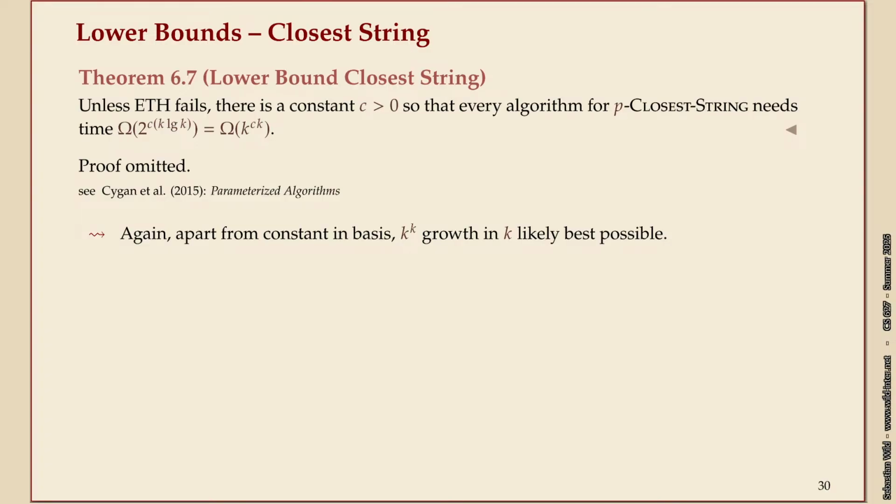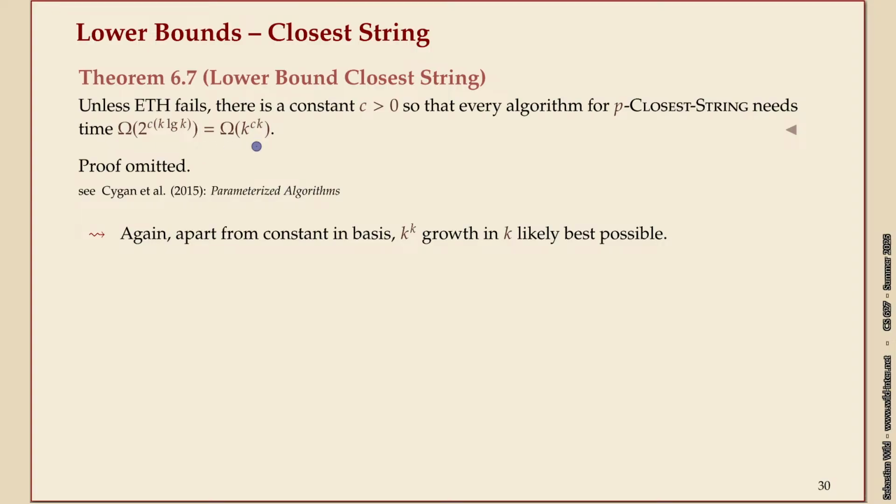You can show similar results for other problems. And here I'm sparing you the proof, but because we discussed this problem in some detail, maybe you're curious just to know the result. For closest string, we had the essential growth of our algorithm was k to the k. This was the kind of depth bounded search algorithm that naturally pops out of the problem. And my point is, it's a very simple algorithm.